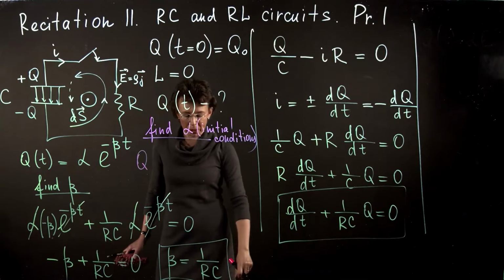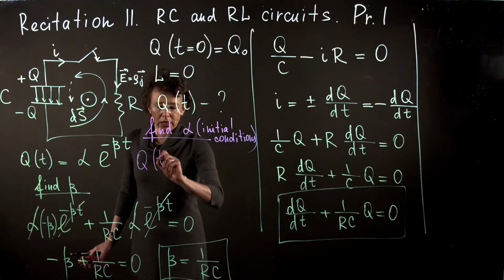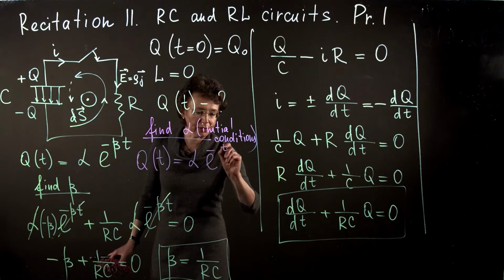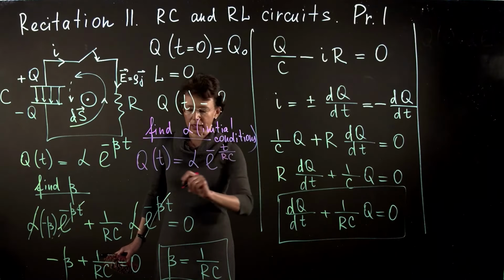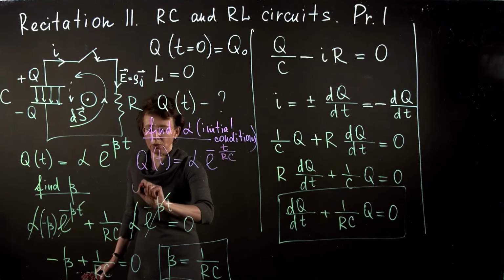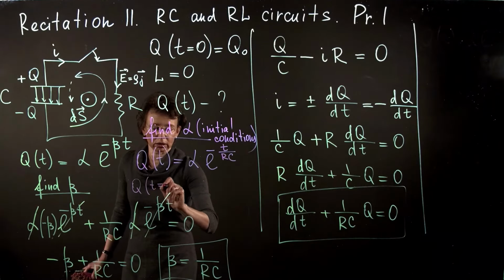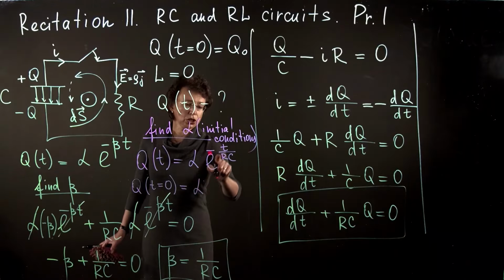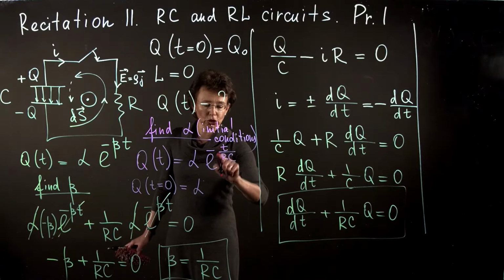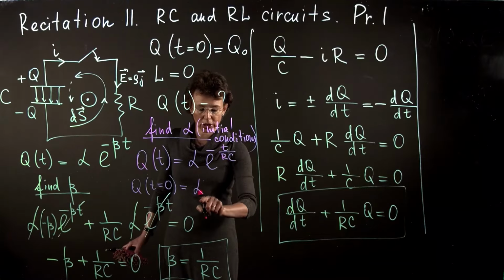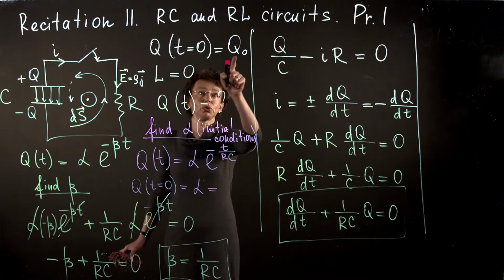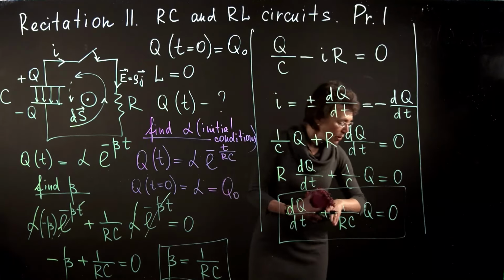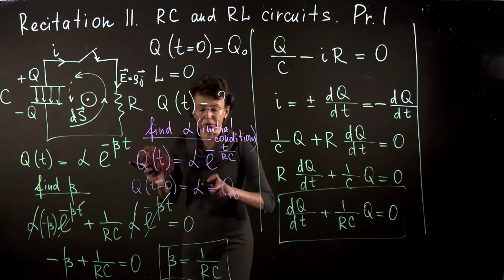So after we found beta, our solution looks like alpha e to minus t over RC. If I use my initial condition, I get Q at time 0 is equal to alpha e to 0, and e to 0 is 1, so it is just alpha. At the same time, we were given that the charge at time 0 is q naught. So we found alpha, that is q naught.